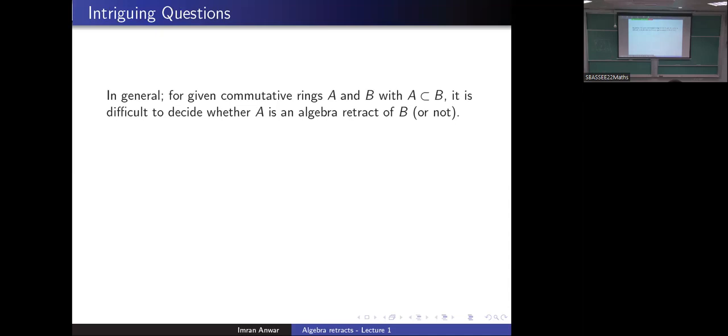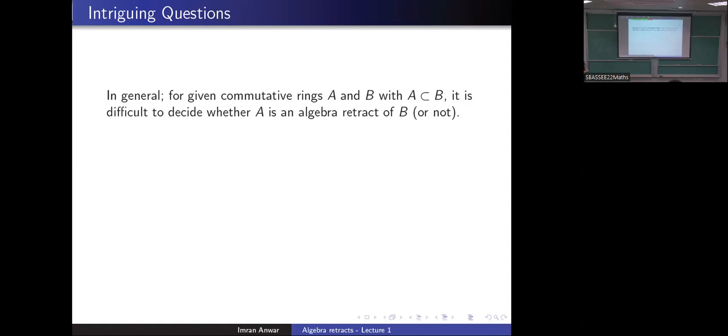Because this is an introductory lecture about this particular problem and its background, I will explain that in general it is really very hard to decide, if A is contained in B, whether there exists a retraction or not. In other words, the existence of this map phi is a quite non-trivial and hard problem in algebra.